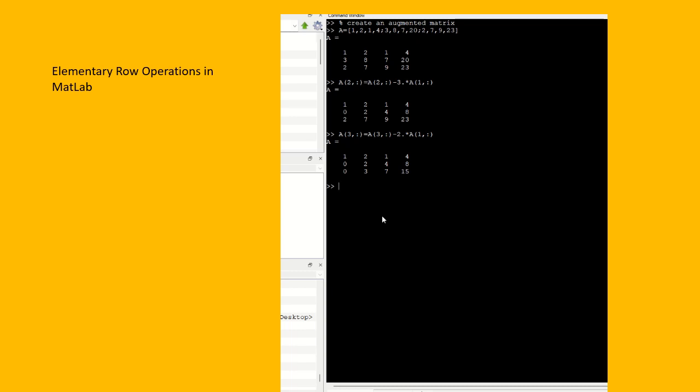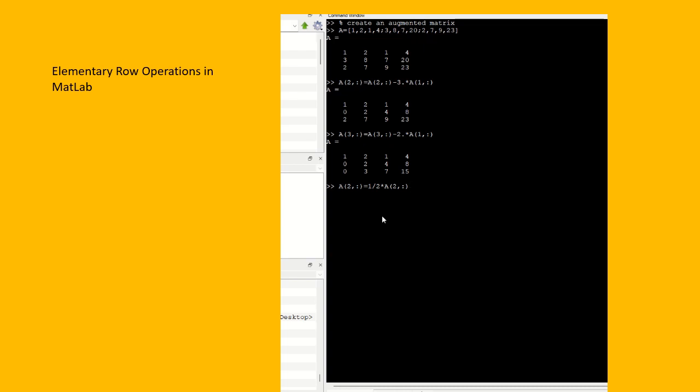Well, I want the second row of A, which is A sub 2 comma colon, I want that to equal 1/2 times A sub 2 comma colon.